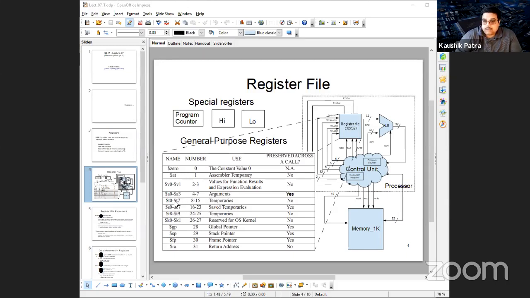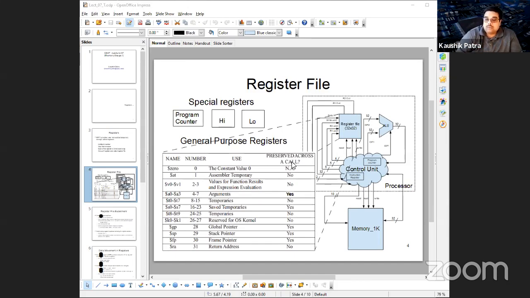Okay, and then temporaries are basically the temporary values which are not preserved across a function call. Most of this usage model is with respect to the procedure call or function call. When we learn about function calls, it will get clearer at that point of time.